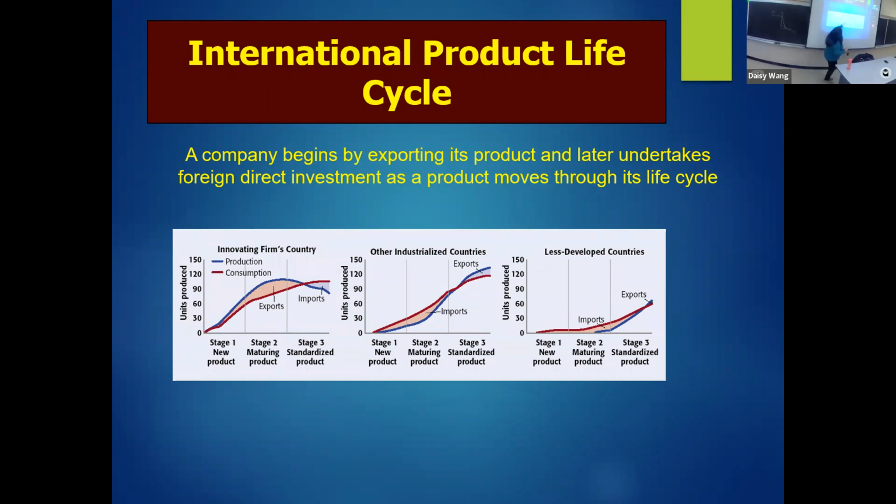So they start to pick up, when the product becomes more popular, more accepted in the market, they will grow a lot. And then they will reach the maturing stage. Okay, so they will mature, grow slower, and then decline. Okay, it will either disappear or the demand will be replaced by a new product. Okay, so that's a product life cycle.